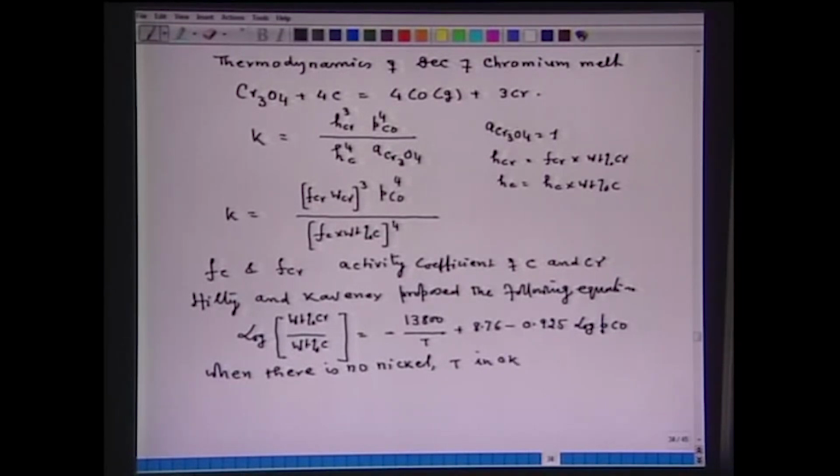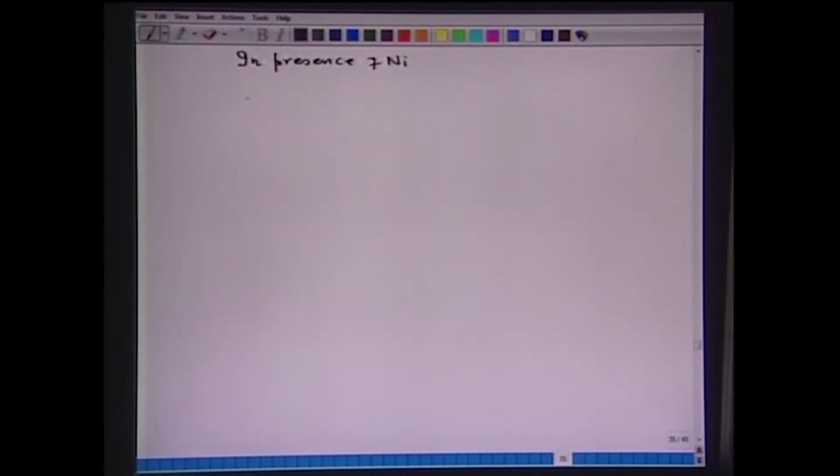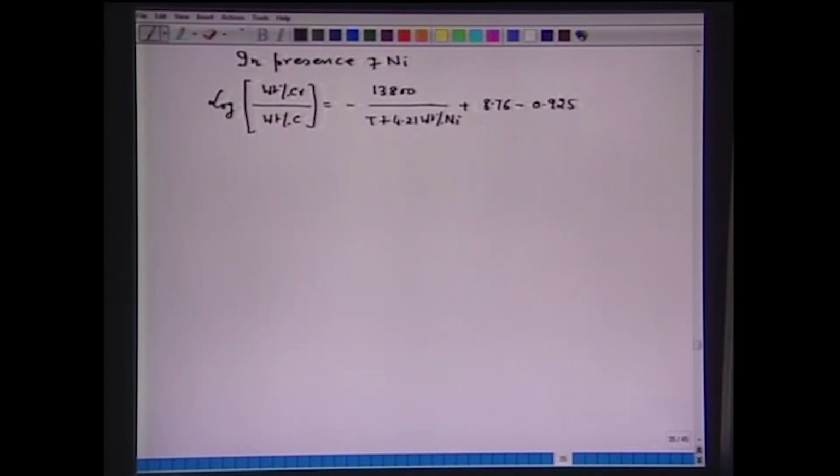Now, in presence of nickel, the following equation is to be used: log of weight percent chromium in melt upon weight percent carbon in melt is equal to minus 13,800 upon T plus 4.21 weight percent nickel plus 8.76 minus 0.925 log of P_CO.